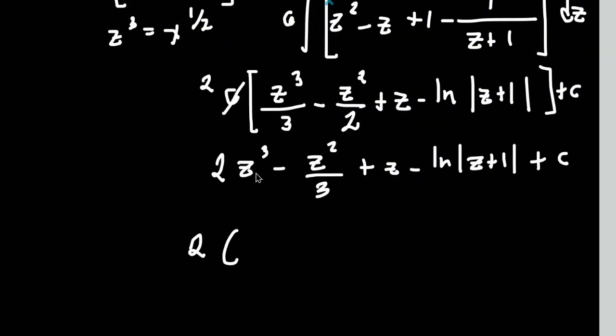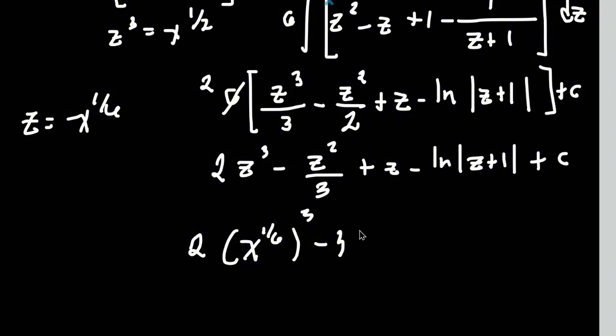So since we have the value of z, which is equal to x raised to 1 over 6, this would be x raised to 1 over 6, and then the cube. And this is minus 3. And then we have the value of z, which is x raised to 1 over 6, over 2, plus z.